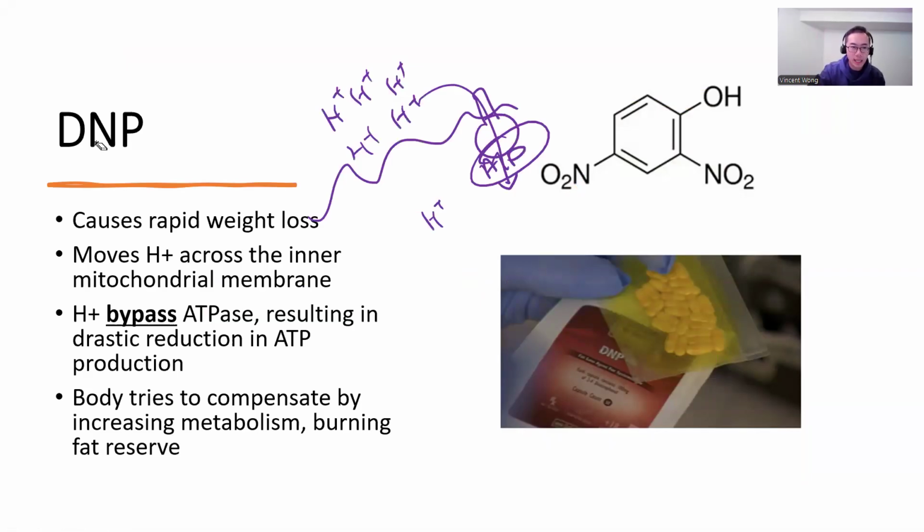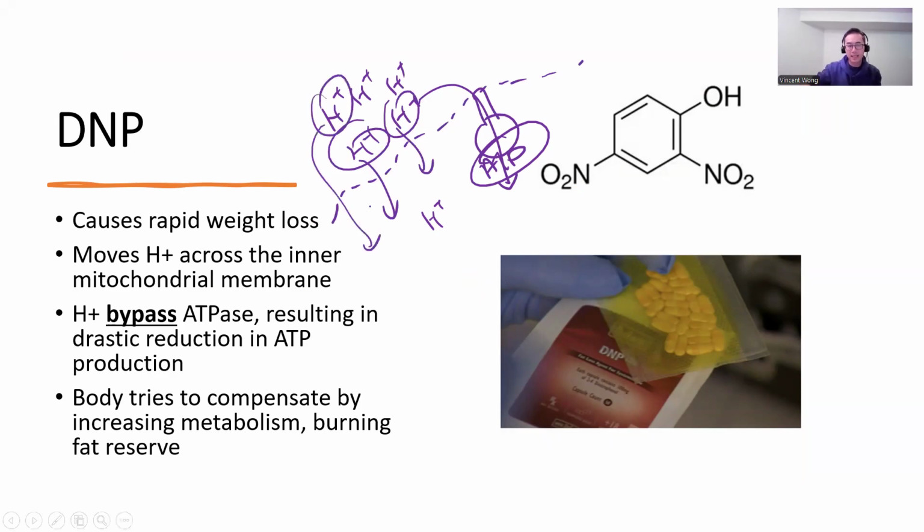With the DNP, if you consume the DNP, it basically makes the inner membrane leaky. So now that it's leaky, the H plus is gonna go through. Like you have no dam. It's like a dam with holes in it. All the water is gonna leak through, right? So all the H plus is gonna leak back into the matrix without passing through the turbine, without passing through the ATPase. And so you produce much less ATP.